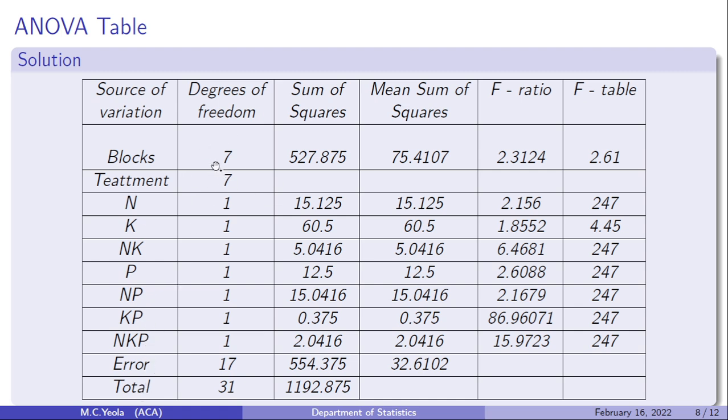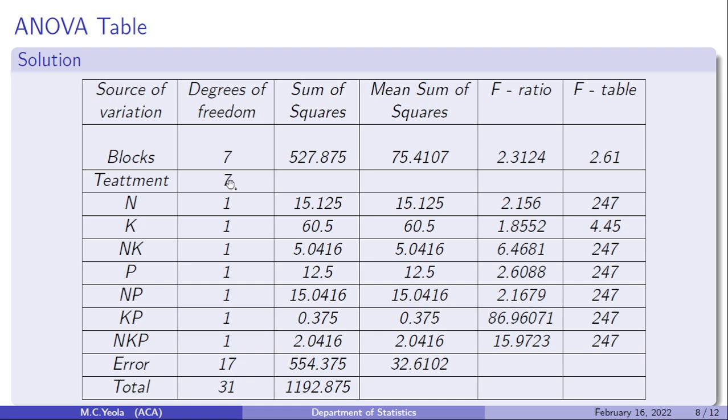We have 8 blocks, so 8 minus 1 gives 7 degrees of freedom. For a total of 32 observations, 32 minus 1 gives 31. There are 7 treatment combinations, 1, 2, 3, 4, 5, 6, 7, so the treatment degrees of freedom become 7, because we divided the treatment into different factors such as NK, NKP, and so on.